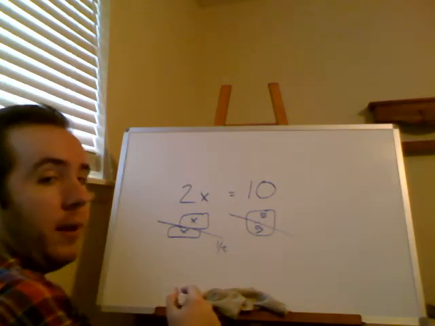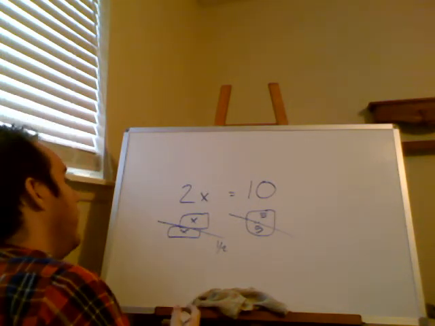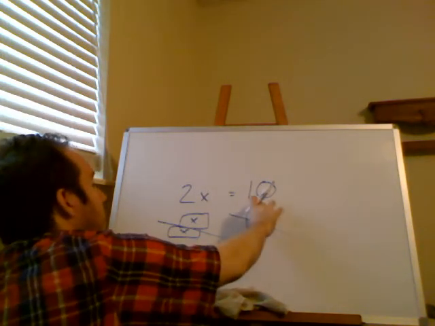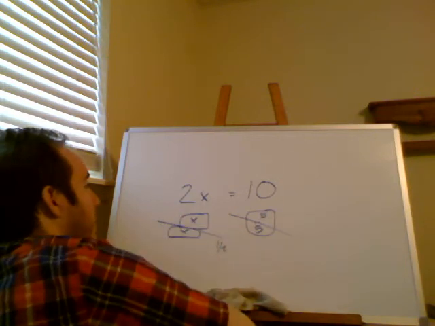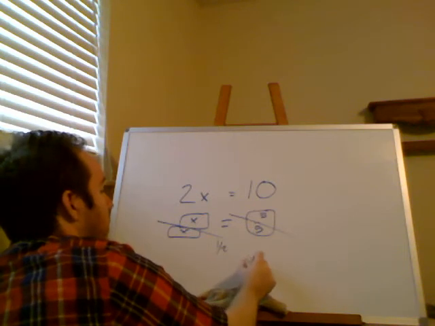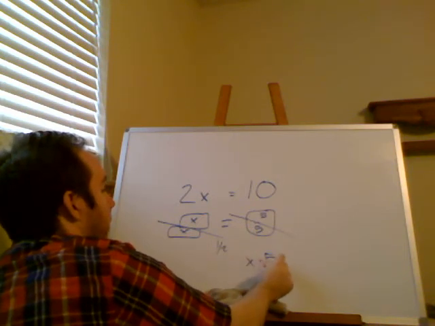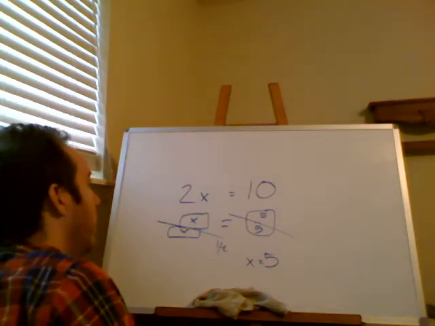So at this point, my images are very similar because they're describing the same thing. Here we've gone from a single box of 10 to 2 boxes of 5. And we have 2 boxes of x, and they're the same. So that means that x equals 5. Okay? And so that's our solution.